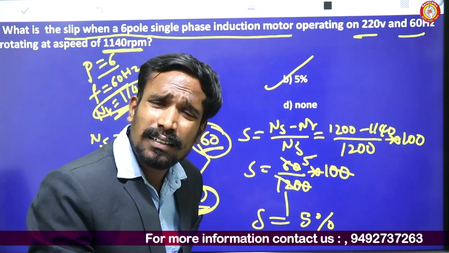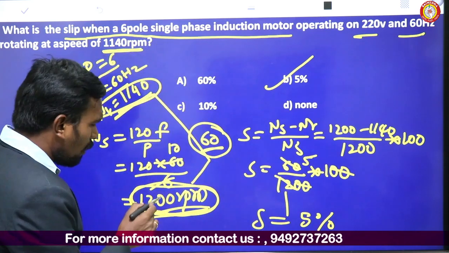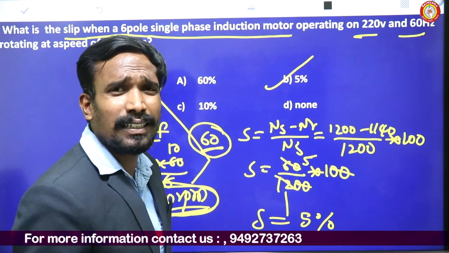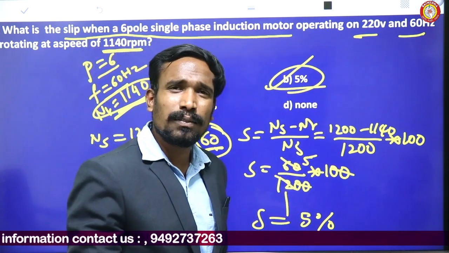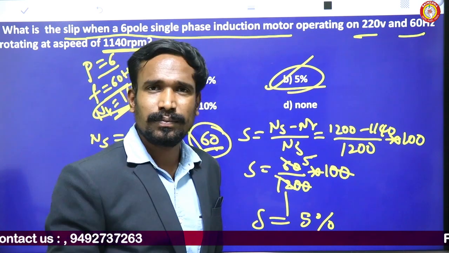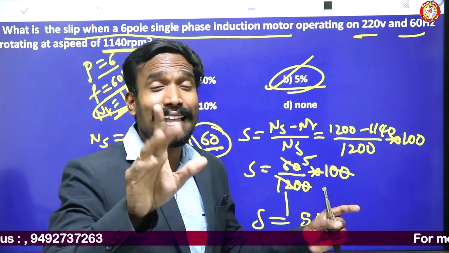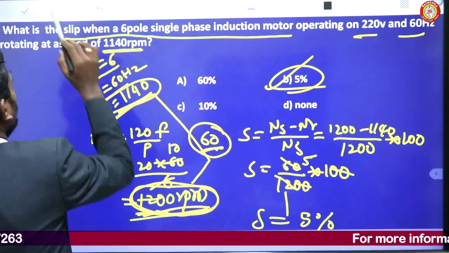In 1200, 120 is 10%, so 60 is 5%. Without pen, without paper, within a second you will get the answer. You have to prepare like that. Okay guys, so let's see another question.